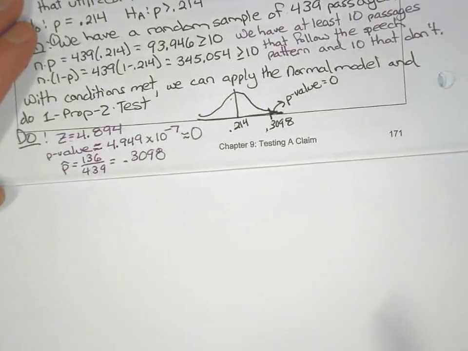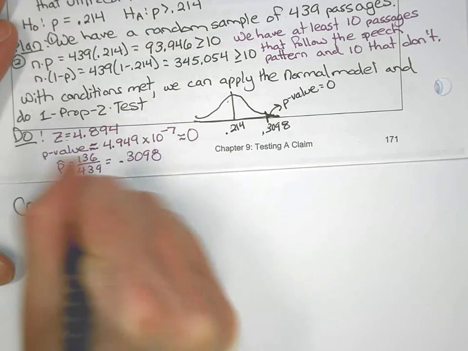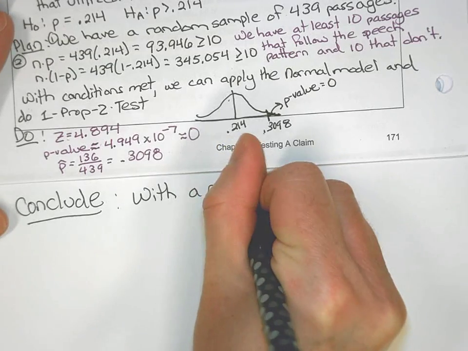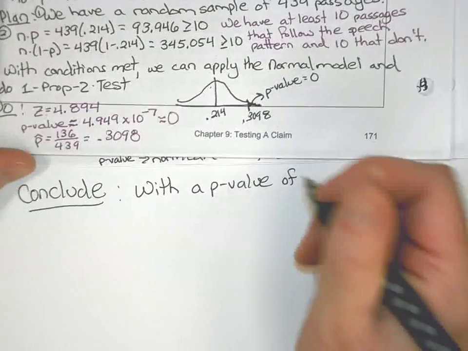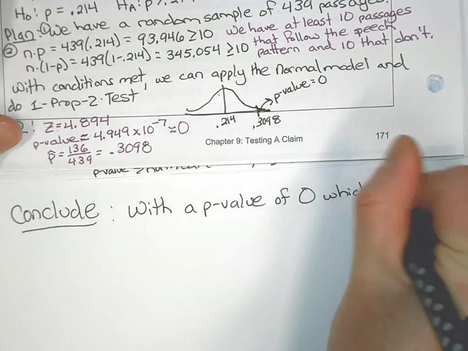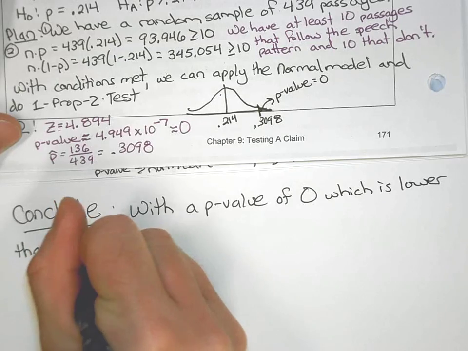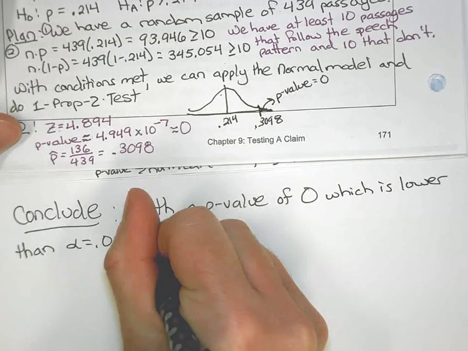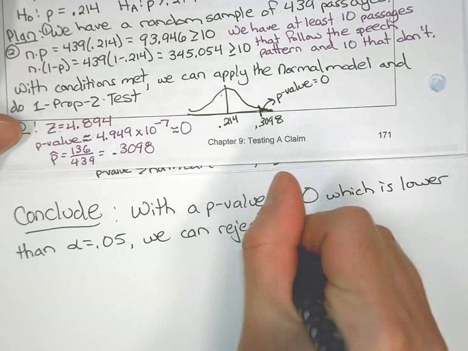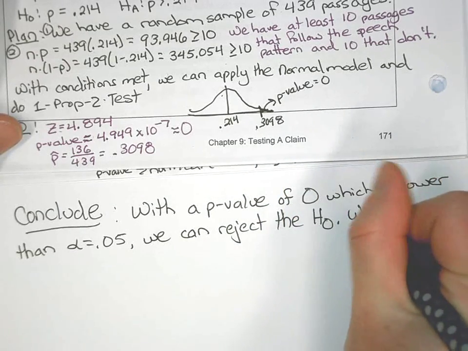For the conclusion, I'm going to say with a p-value of 0, which is lower than that standard alpha equal to 0.05, we, or I, however you like to write it, can reject the null, the H0, and we can say we have evidence for the HA.